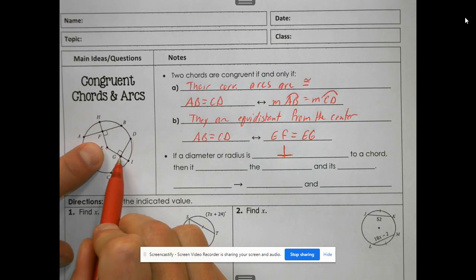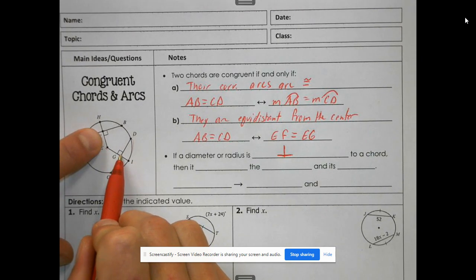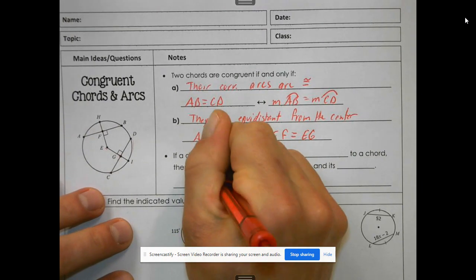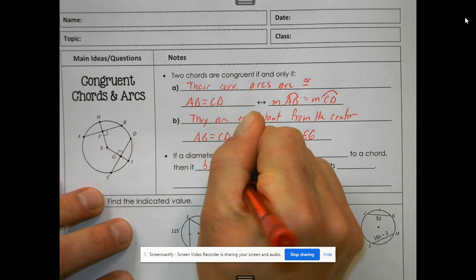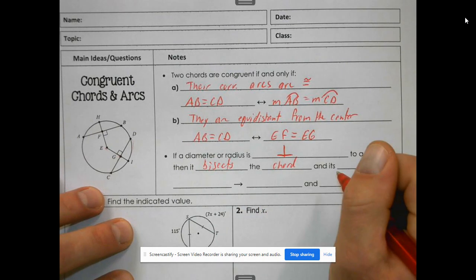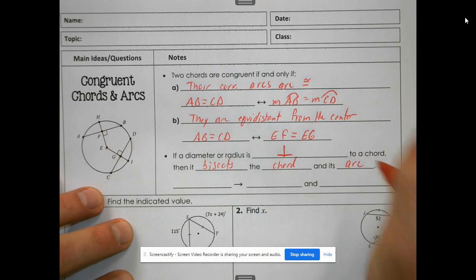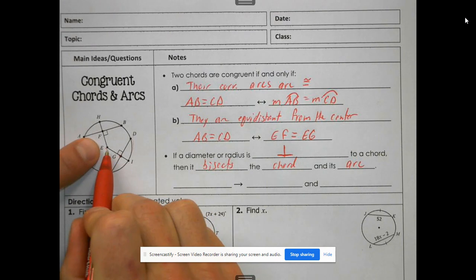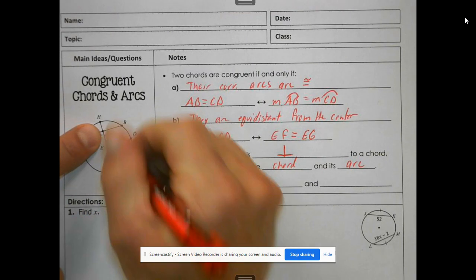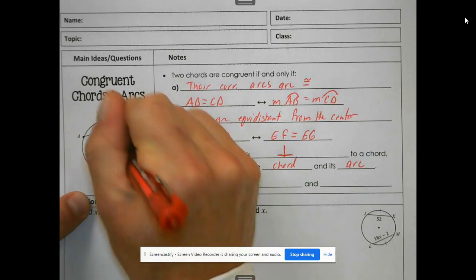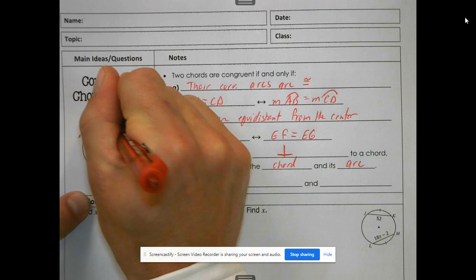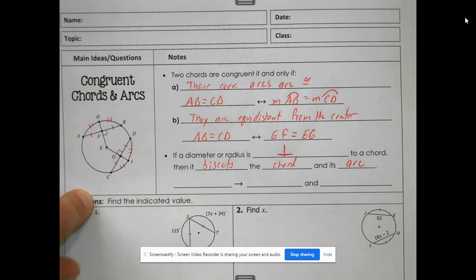If they are perpendicular to the chord, then it bisects the chord and its arc. If these two pieces are perpendicular, then it cuts the chord in half, and it also cuts the arc in half. All right?